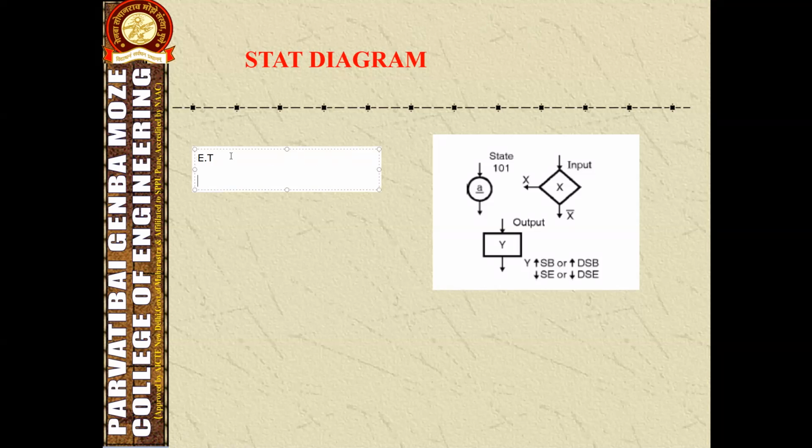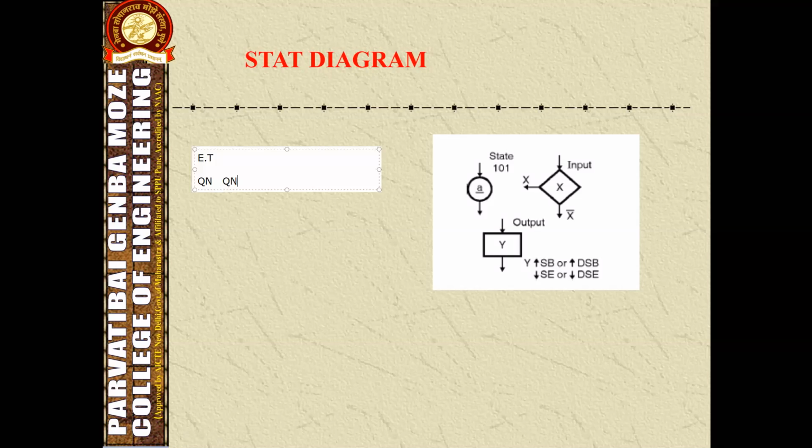We have explained how we can write this table. Q n plus 1, and this E is an input. The excitation table specifies, for the required present state and present output at the terminal, what input we have to provide.